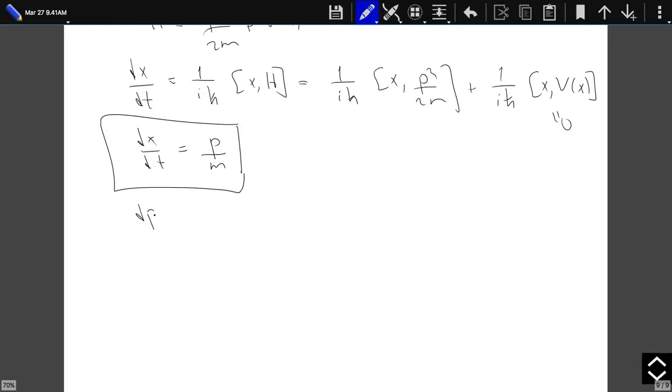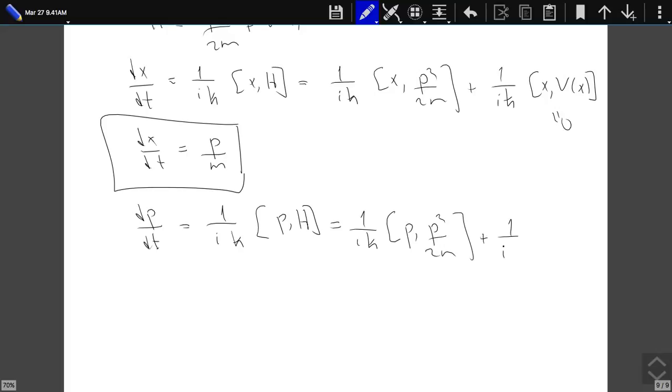Now let's look at dp by dt. This is equal to 1 over i h bar, the commutator of p and H, which is 1 over i h bar, the commutator of p and p squared over 2m, plus 1 over i h bar, the commutator of p and V of x. Well, the first is 0.